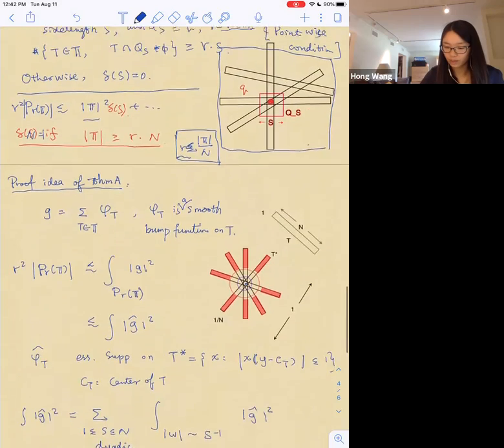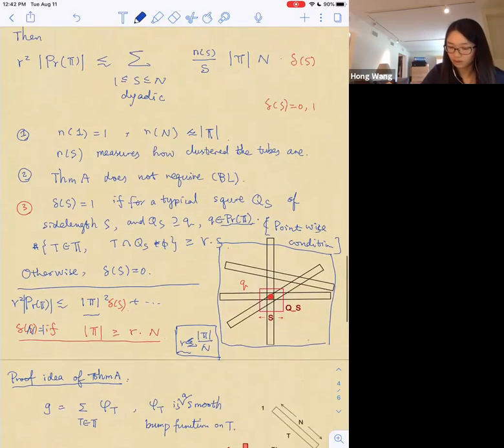Recall that the pointwise bound condition is given here when we discuss when the value delta S takes value 1.